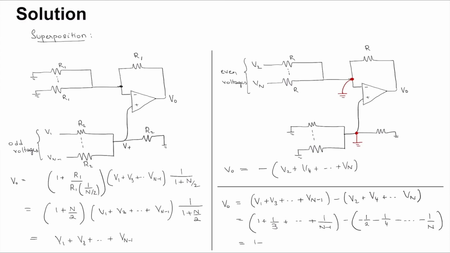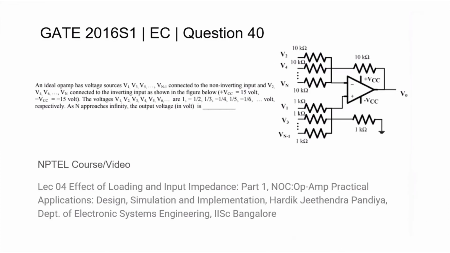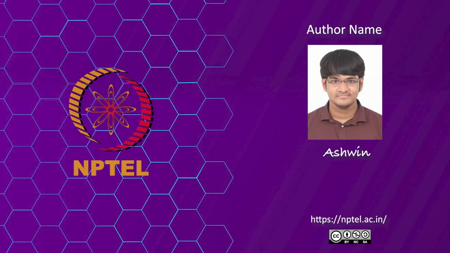This is simply 1 plus 1 by 2 plus 1 by 3 till 1 over n, which we know tends to infinity. So V out will tend to VCC, which is 15 volt. Thus the answer is 15.